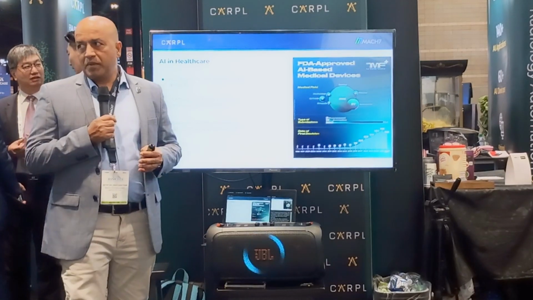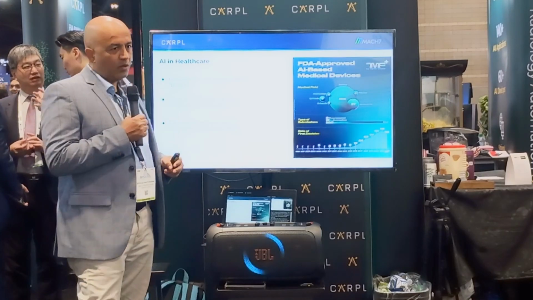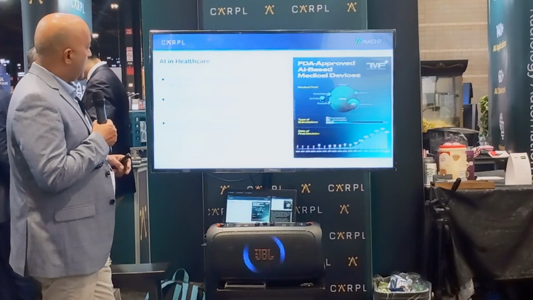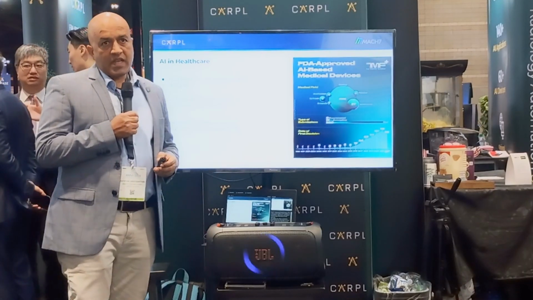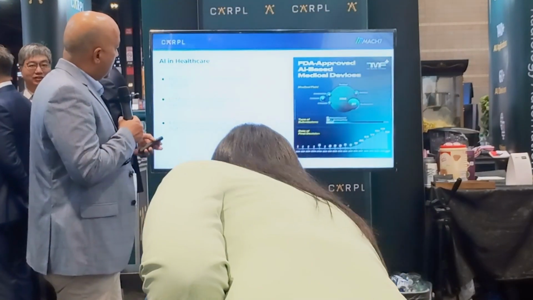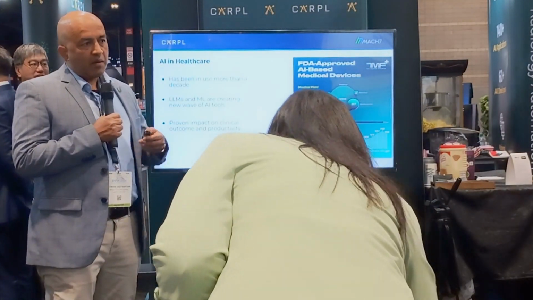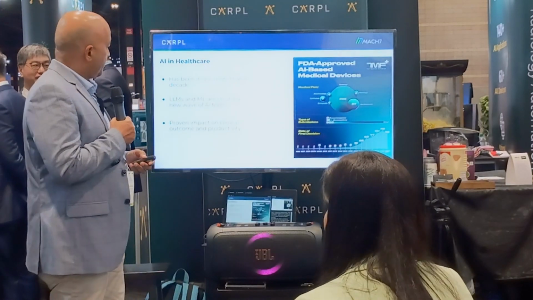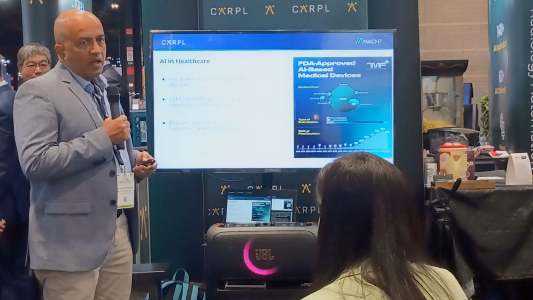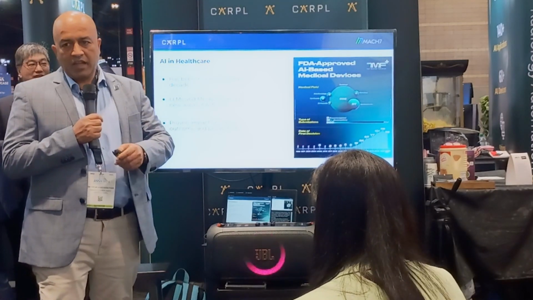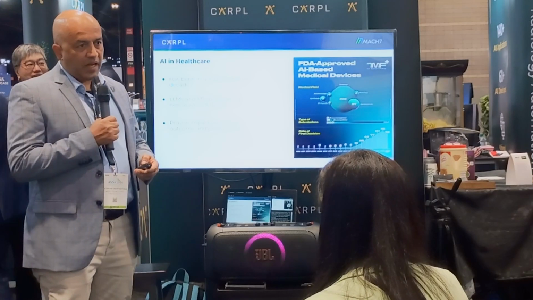But the adaptation has been pretty slow, looking at technology adaptation in healthcare. I'm seeing more and more machine learning and large language models coming up with new AI applications, pushing the boundaries of AI. And I think everybody agrees here that AI has a positive impact on clinical outcomes.